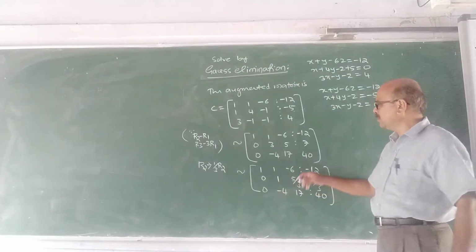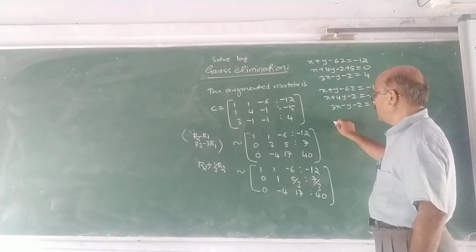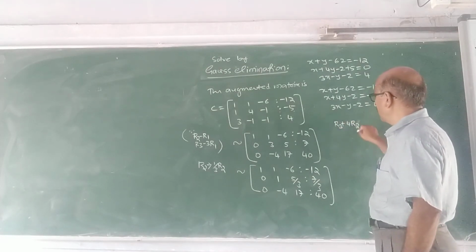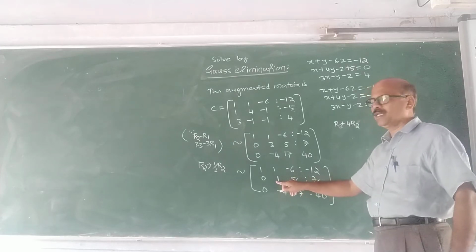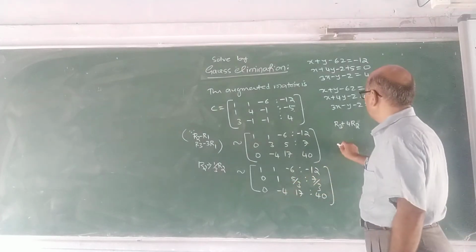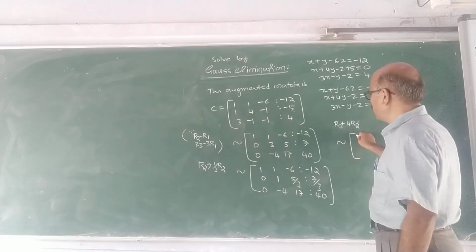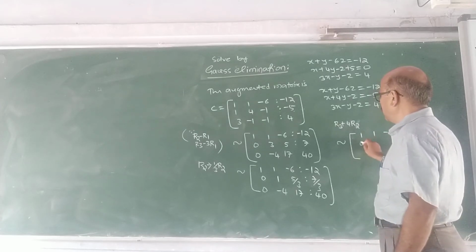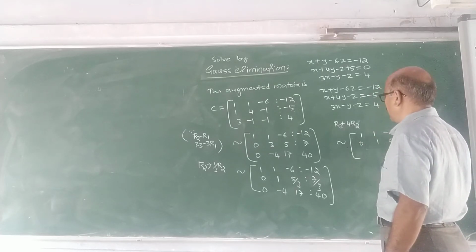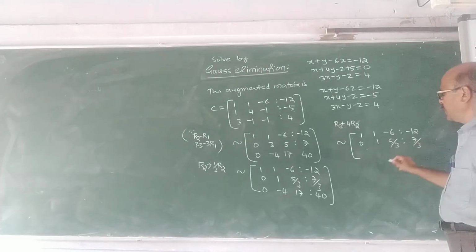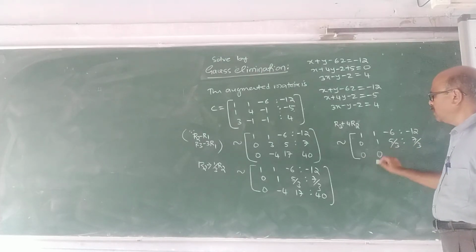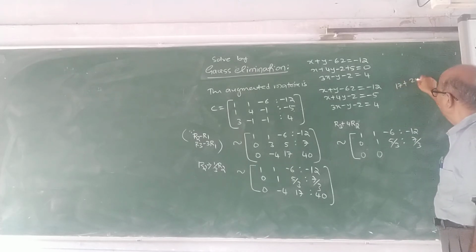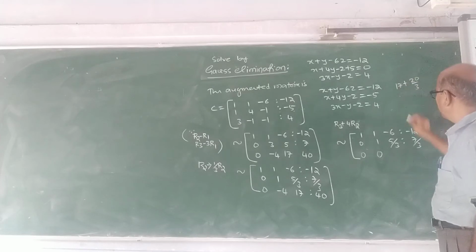Next step is to make this element 0. How to make this element 0? We take R3 plus 4R2, because if you multiply by 4, minus 4 plus 4 becomes 0. Therefore R3 plus 4R2 gives 1 1 minus 6 minus 12, 0 1 5 by 3, 7 by 3, 0 0, 17 plus 20 by 3 is 71 by 3.